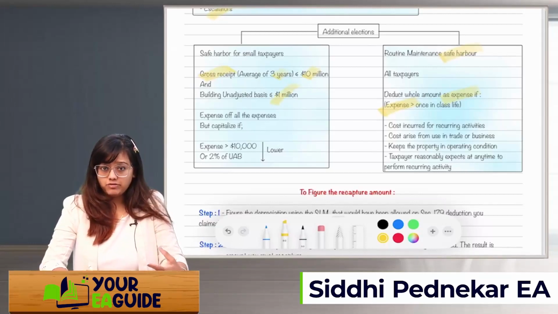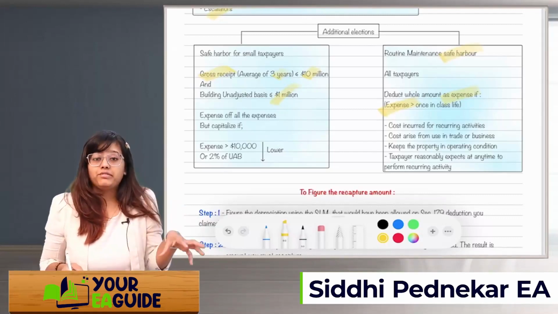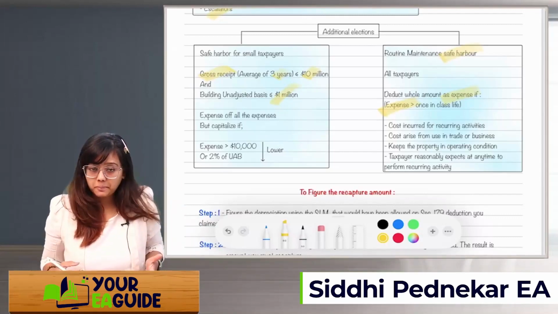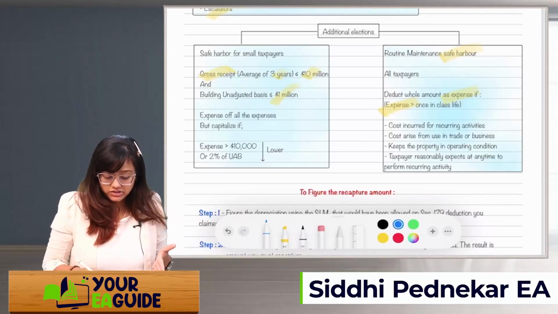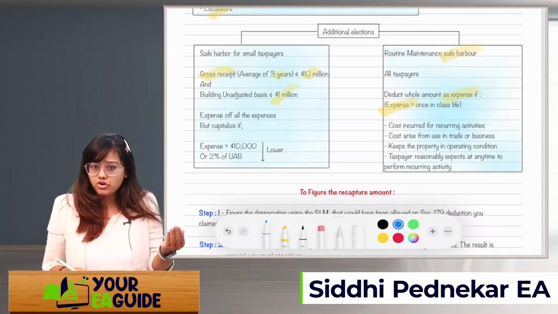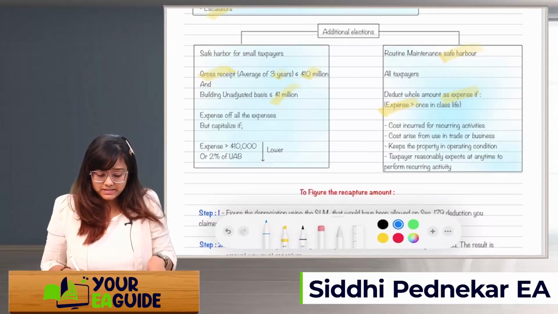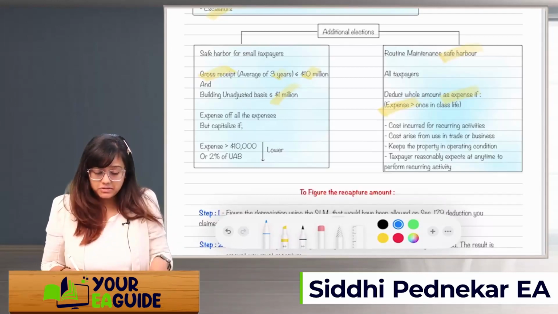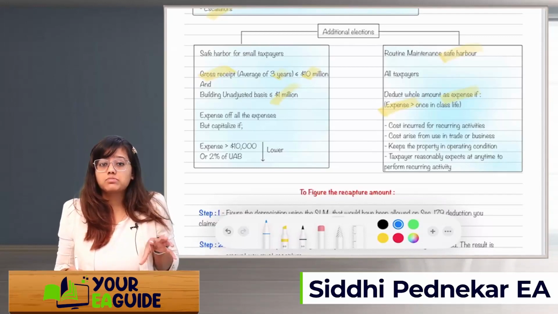In business, if your gross receipts are up to 10 million in the previous 3 years and your building has an unadjusted basis up to 1 million. What do we mean by unadjusted? It means apart from depreciation, just take the cost basis. Whatever cost you paid to purchase the building and are using in the business, if the unadjusted basis, excluding the depreciation, is up to 1 million, then you will be called a small taxpayer.